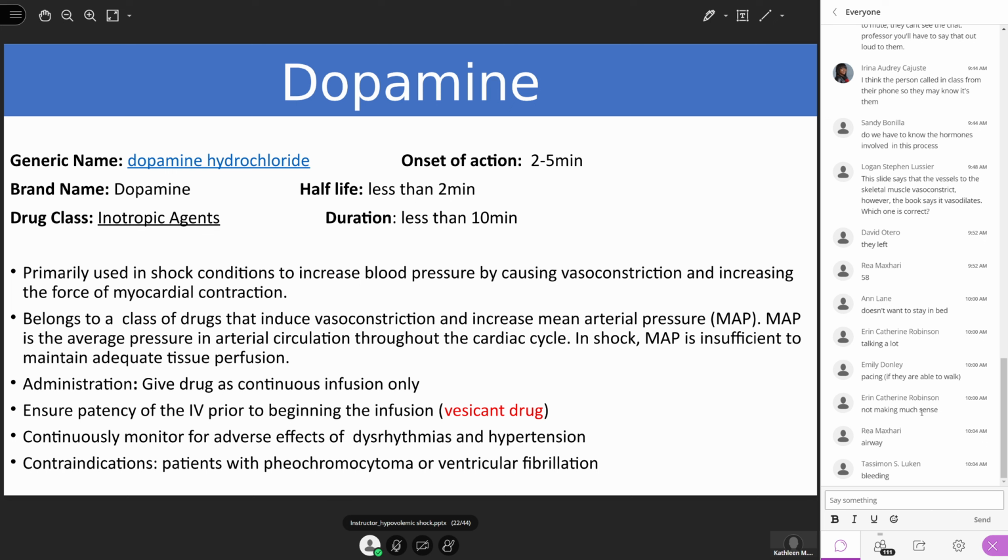Also extremely important, especially with these types of drugs, make sure that you give the drug as prescribed. This drug is given as a continuous infusion only. This is not like I'm going to take it and push it in. I think it's a 250 and 500 mL bag. I just want to mention this because I feel like it's a little controversial, but I'm not going to ask you about that.